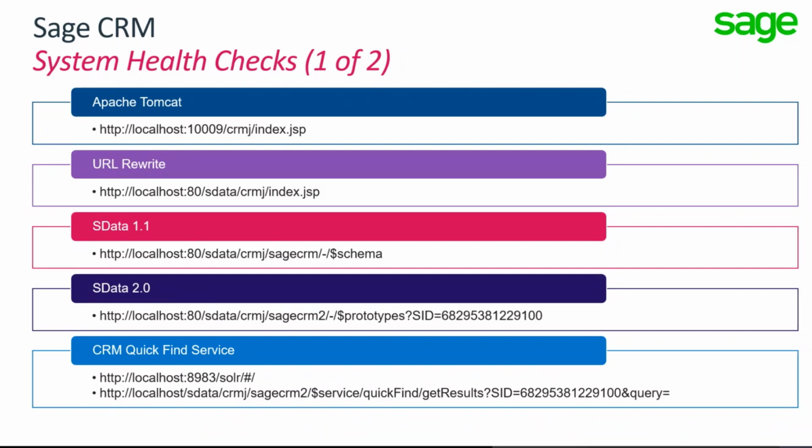This slide and the next slide provide examples where the name of the instance of Sage CRM is CRM, so I'm assuming here that you've installed it called CRM. You can see all the different endpoints that are being referenced. You'll need to check the documentation for a full explanation of how the URLs are built and the tests are carried out.